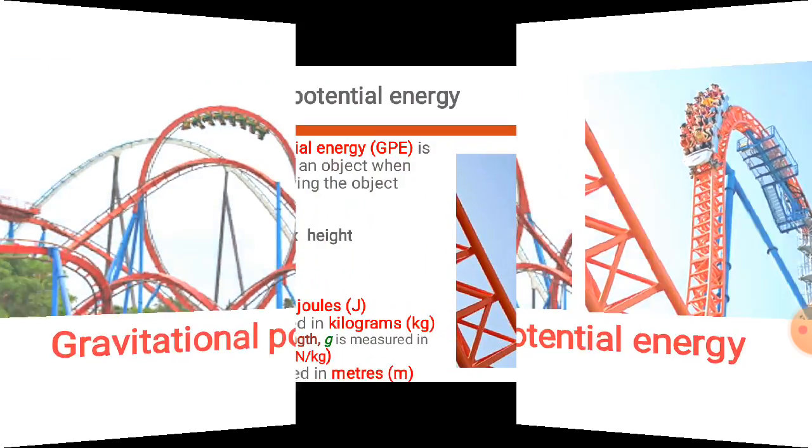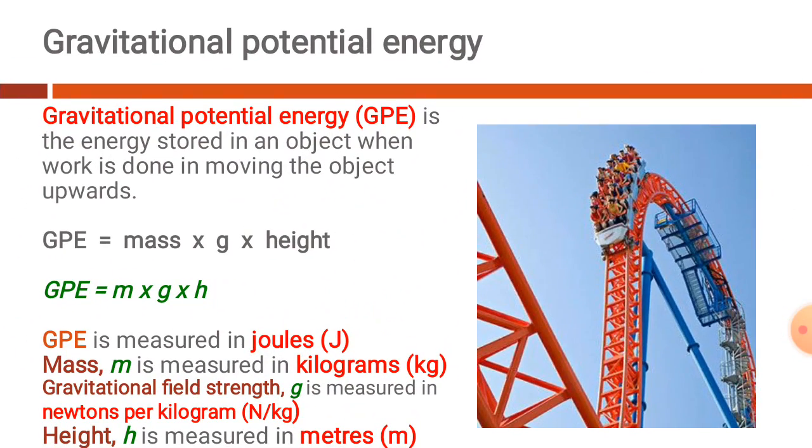In physics, we describe gravitational potential energy as the energy stored in an object when work is done in moving the object upwards. This is the definition, and the formula is GPE equals mass into gravity into height, that is m into g into h.